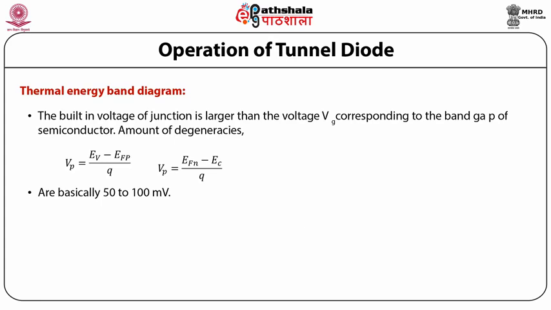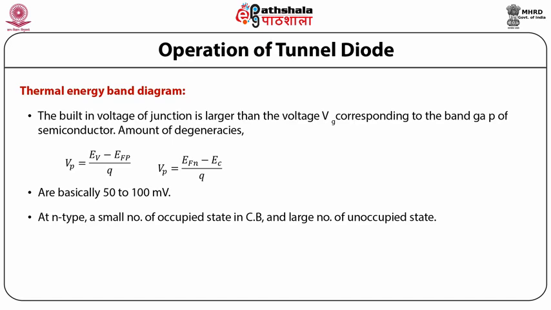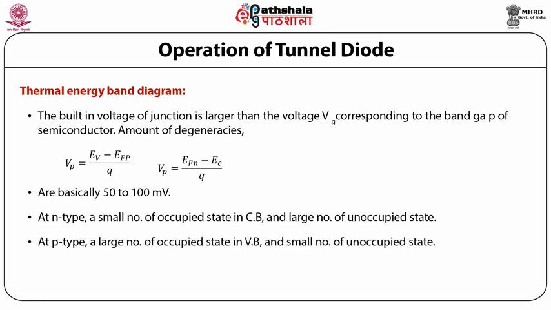So if we have the N-type, then we have a small number of occupied states in the conduction band and a large number of unoccupied states. Now when we have a P-type, then we have a large number of occupied states in the valence band and a small number of unoccupied states.